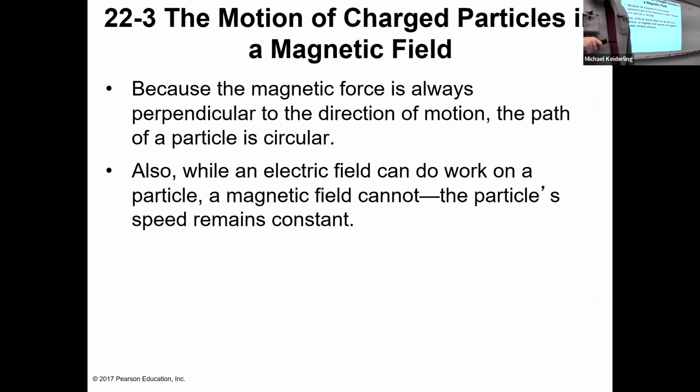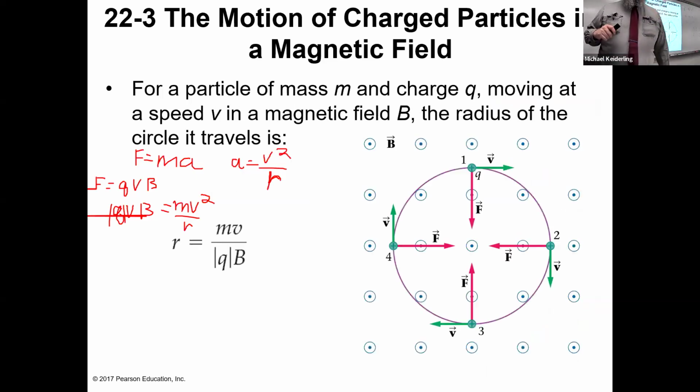You have a constant magnetic field. So if you have a particle of mass m and charge q moving at speed v in a magnetic field B, the radius r of the circle it travels in is mass times velocity over charge times magnetic field. You can get this with force equals mass times acceleration.